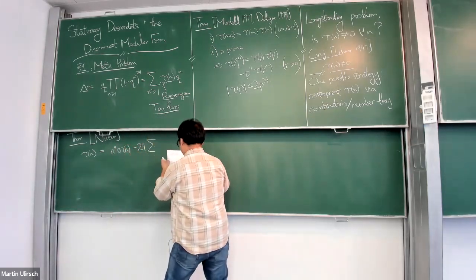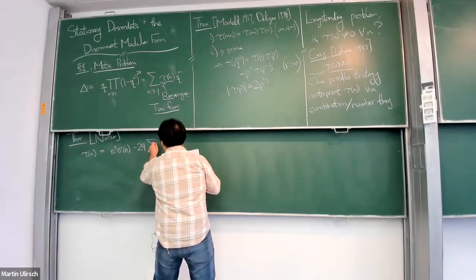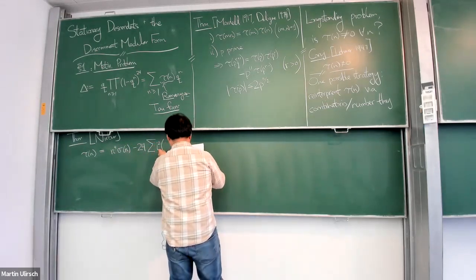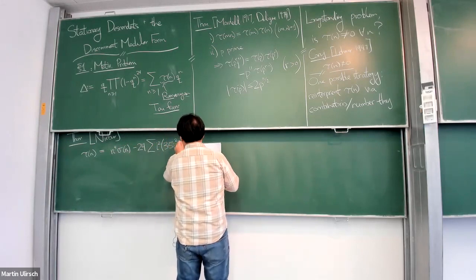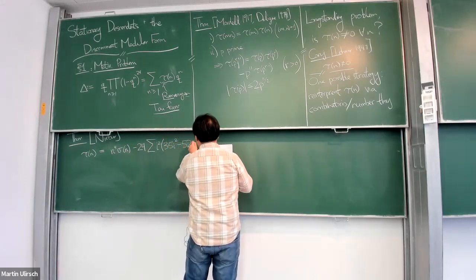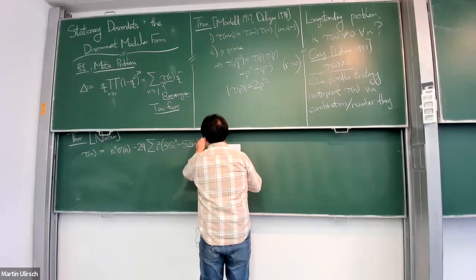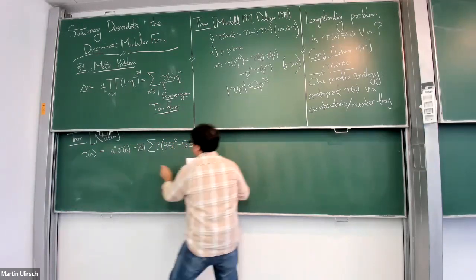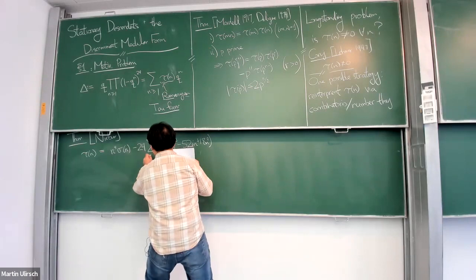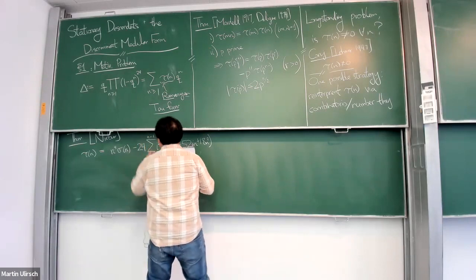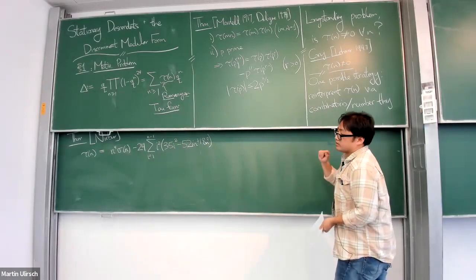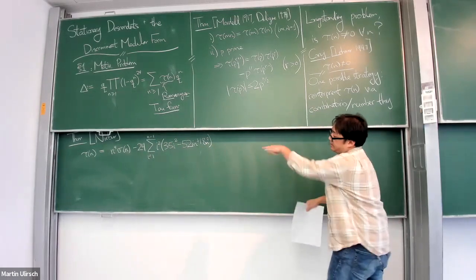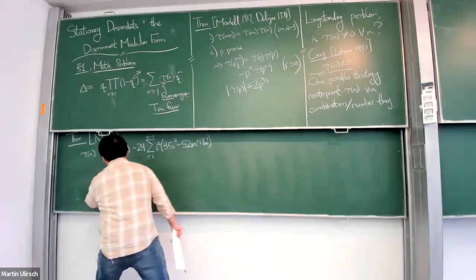Let me just write this out. He found this closed form expression for the Ramanujan tau function. And this sigma function is simply the sum of the divisors.